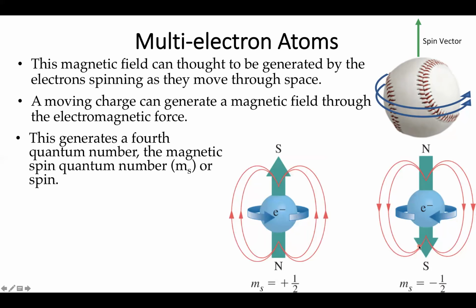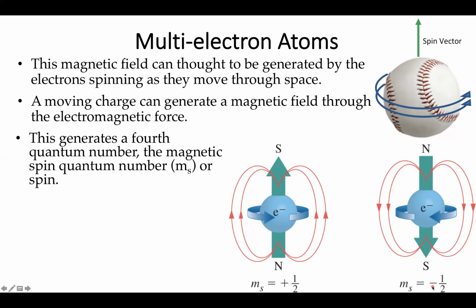So this generates one last quantum number called the magnetic spin quantum number. Usually, unless you're in an upper level physics class, this is referred to as spin. It can be up, which we represent with an m sub s value of +1/2, or down with an m sub s value of -1/2.